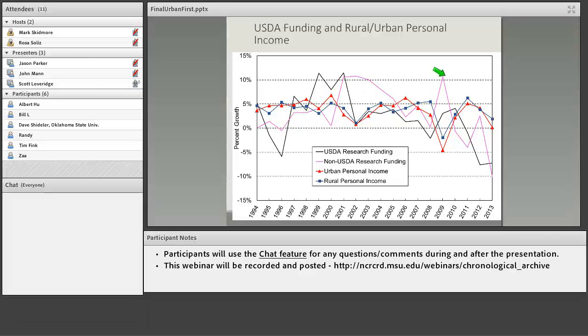And there's a spike upward for that variable, and then downward for personal income, both in the rural and urban areas. That's the housing bust crisis of 2008, and then the stimulus. But they do bounce around, and sometimes rural is growing faster than urban, sometimes urban is growing faster than rural. So there's good variation in those variables that allows us to look at some changes.